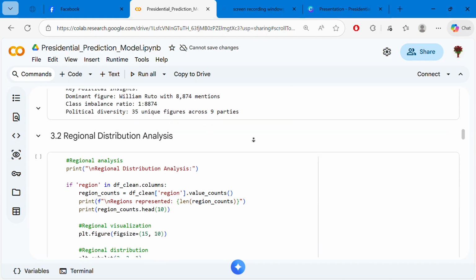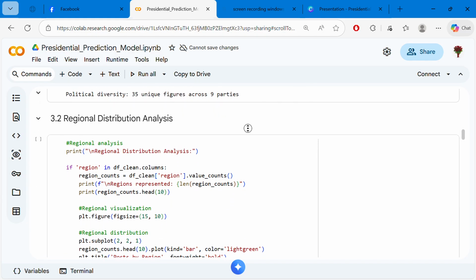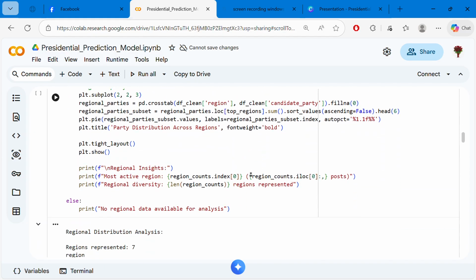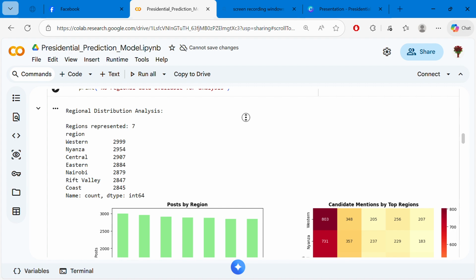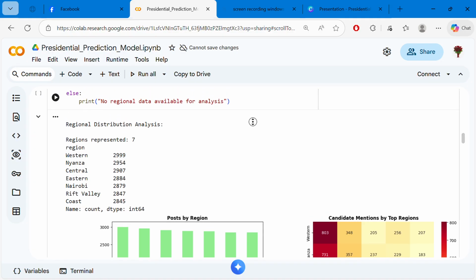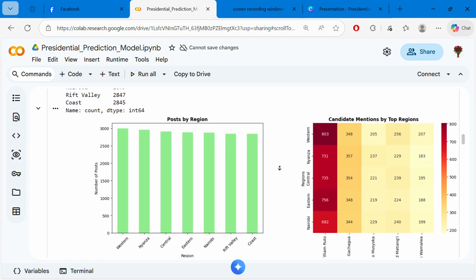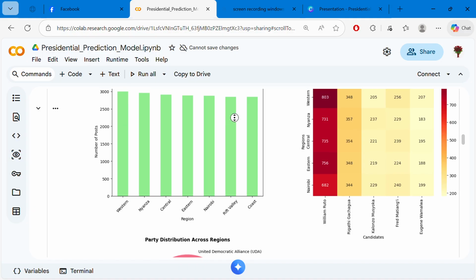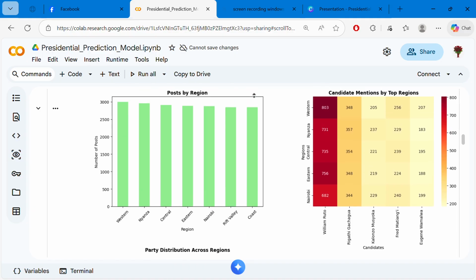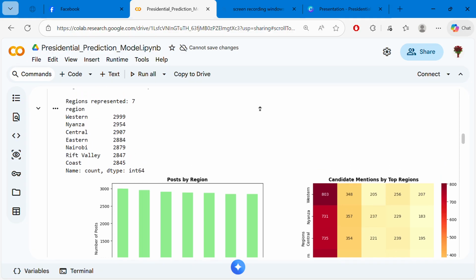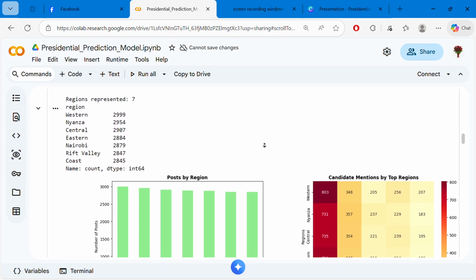Then we went to the visualization on regional distribution analysis, and here are some of the results. We distributed the dataset into 7 regions: Western, Nyanza, Central, Eastern, Nairobi, Rift Valley, and lastly Coast. Here is some of the visualization. Western was leading in the number of posts.